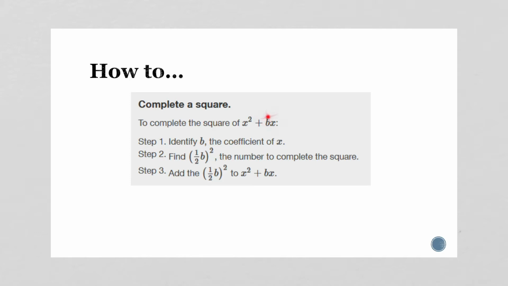So we want to take half of the b number, and then square it, and then add it at the end. What you have just done is created a perfect square trinomial. Hang on and I'll show you what I mean.